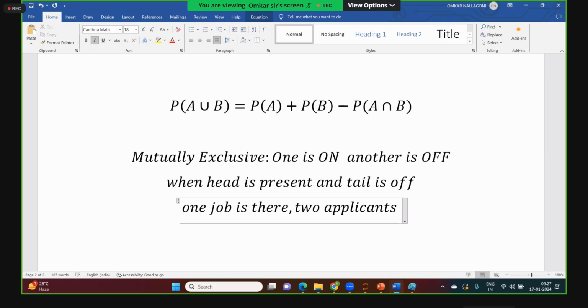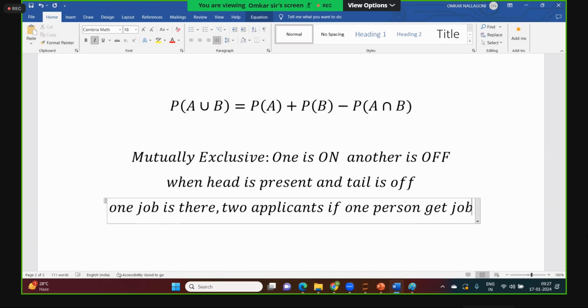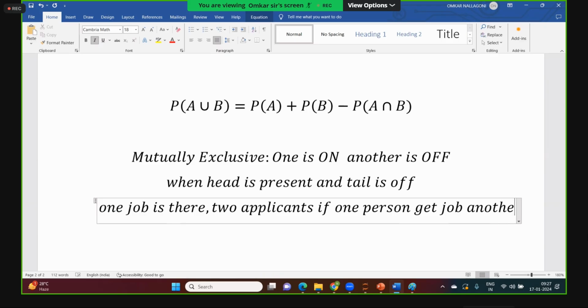Mutual means a combination of two or three, like a mutual friend, a friend of a friend. So one job is there, two applicants. If one person gets the job, the other does not. So both candidates are mutually exclusive.